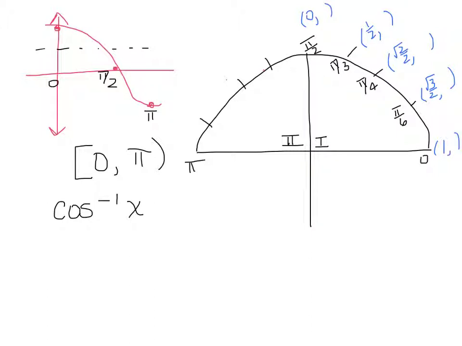And then over here, after pi over 2, you know this is 2 pi over 3, 3 pi over 4, 5 pi over 6.